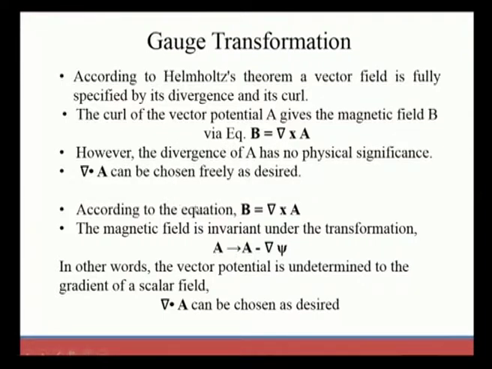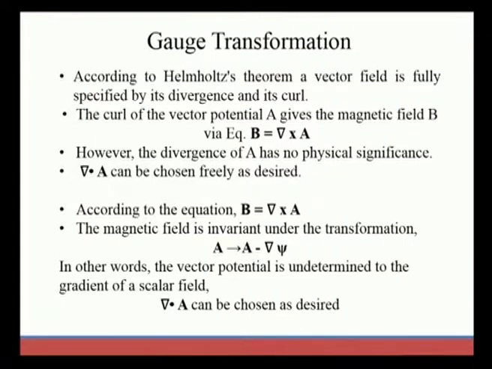So, according to the equation, B is equal to del cross A, which we find from the magnetic vector potential. The magnetic field is invariant under the transformation. So, we come to the conclusion that the magnetic field is invariant under any transformation and is not going to be affected.